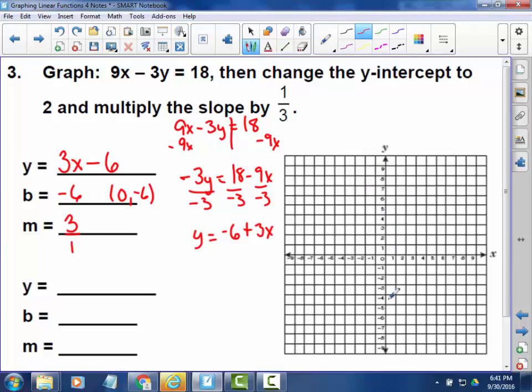Okay, so negative 6, counting down 1, 2, 3, 4, 5, 6. Let me switch back to black because you should be using your pencil here. So we're using our regular pencil at negative 6. We have a slope of positive 3, so 1, 2, 3, and to the right 1.